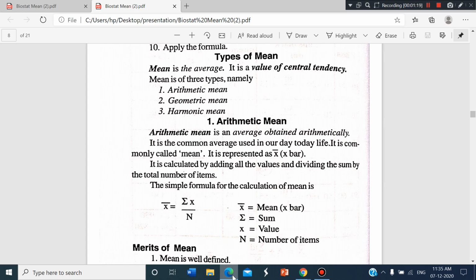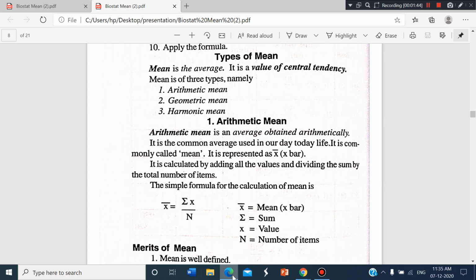Unless it is specified, if you are asked to calculate the mean, it is understood that it is the arithmetic mean, because generally geometric mean and harmonic mean are not that important. But still you should know a little bit about the arithmetic mean, geometric mean, and harmonic mean also.